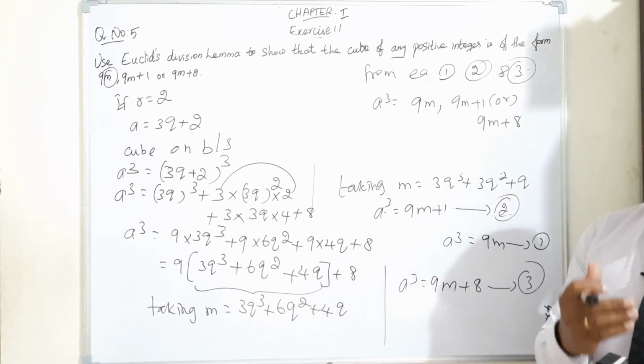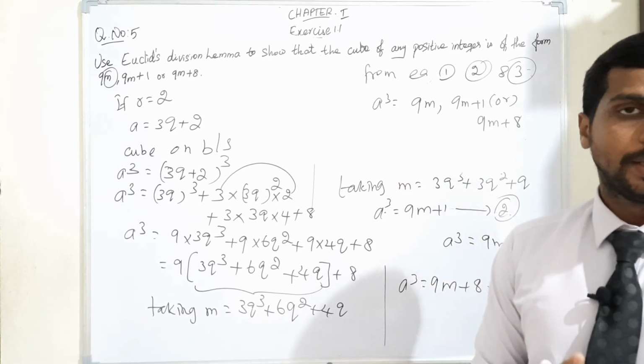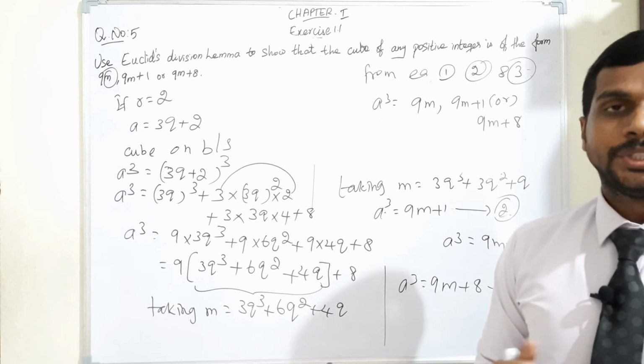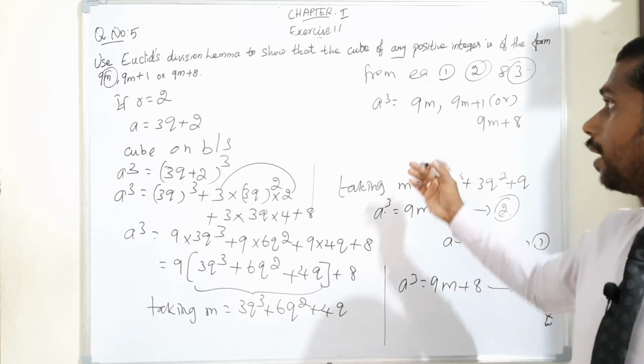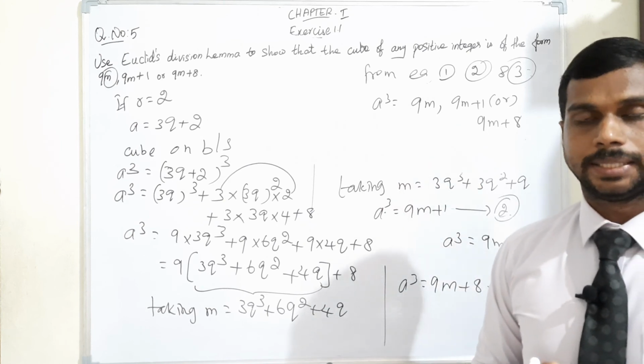So from these 3 equations, what I am telling is that the cube of a positive integer can be 9m or 9m plus 1 or 9m plus 8, isn't it?